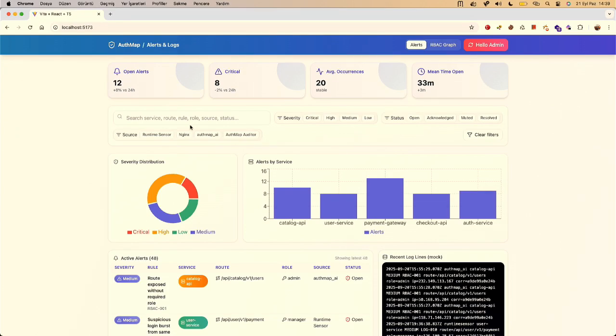This is real data in my company. You can see some issues for critical or medium vulnerabilities in my company traffic.